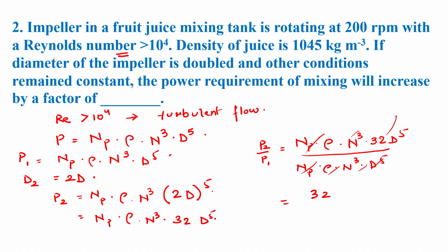So in conclusion, we can say that power scales with D to the power 5 in turbulent flow, and doubling the impeller's diameter will increase the power requirement by a factor of 32. So my answer over here will be 32. By the factor of 32, it will get increased.